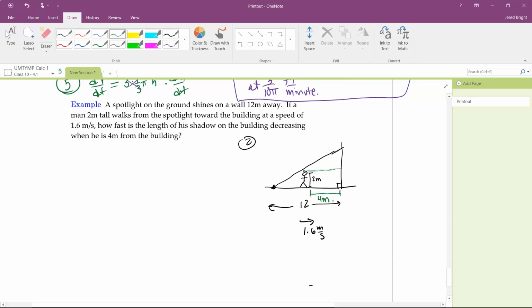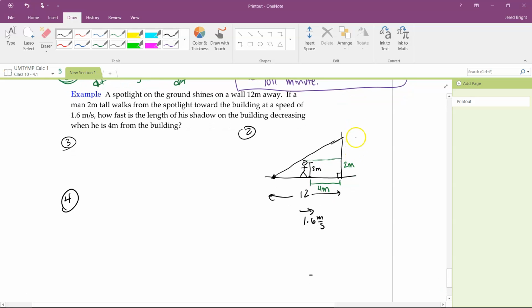We also know that this is 2 meters. I'm not seeing the problem here yet. The geometry isn't helping me write up my equation, because I have step 3 and I still have step 4. How fast is the length of the shadow on the building decreasing?